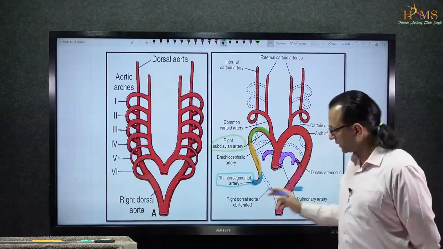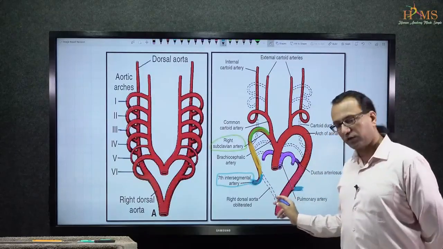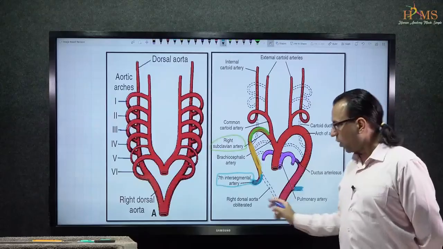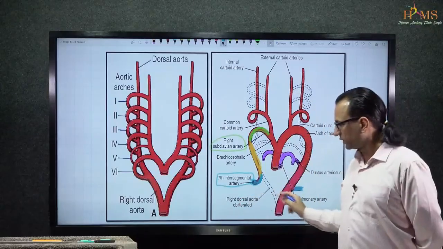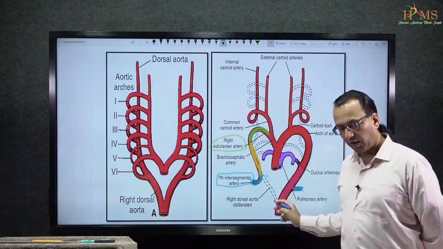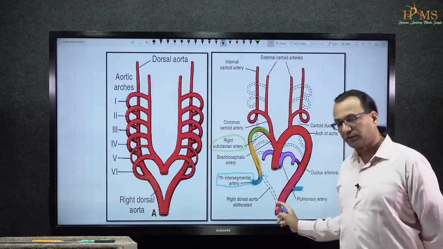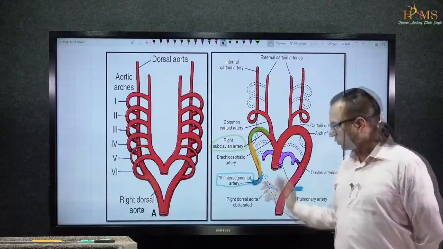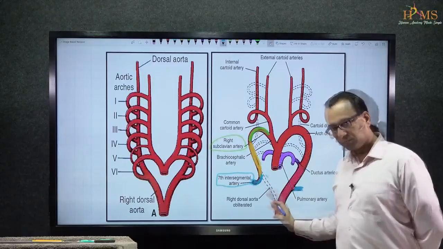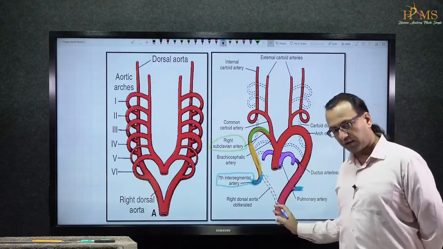Also notice that the distal part of the right dorsal aorta should be normally obliterated, but sometimes it may happen that it is persisting, and that leads to some anomalies, like one of that is right-sided subclavian artery, which is aberrant in nature. Let us look at the details of persisting distal part of the right dorsal aorta then.